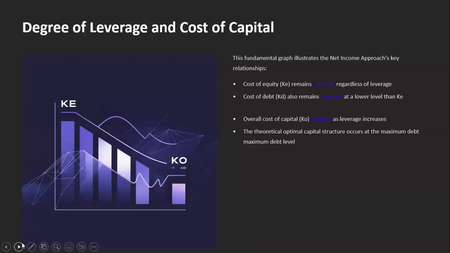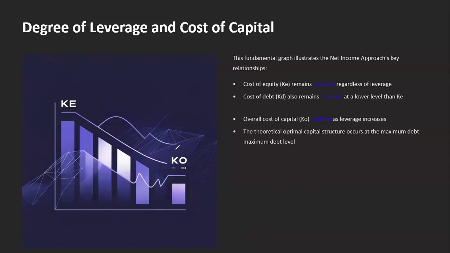So this is the degree of leverage and cost of capital. Now leverage means it can be financial and operating leverage, both. In that, overall cost will start declining when the debt is more. So theoretically, it's only a graphical presentation to show that optimum capital structure occurs when debt is at its maximum level.